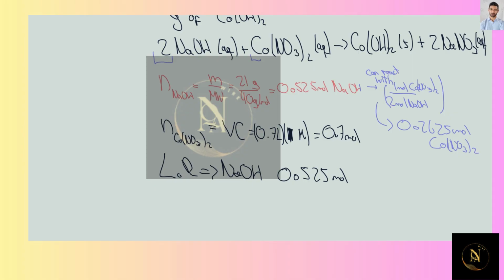So now, to know what is going to be the mass of the cobalt hydroxide that is going to be produced, what we're going to do is employ the molecular weight of this compound. So cobalt hydroxide is going to have a molecular weight equal to 92.95 grams per mole.